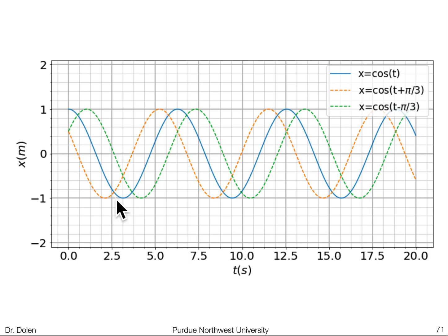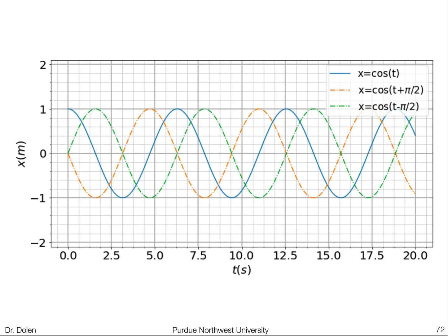Okay, if we picked a different phase angle, for example pi over 2, well, if I shift cosine by pi over 2, I just get sine. All right. Well, I'm sorry. If I do a positive phase angle, pi over 2, I get negative sine. Right? If I do cosine of t minus pi over 2, I get positive sine. All right, so this is one of our trig identities.